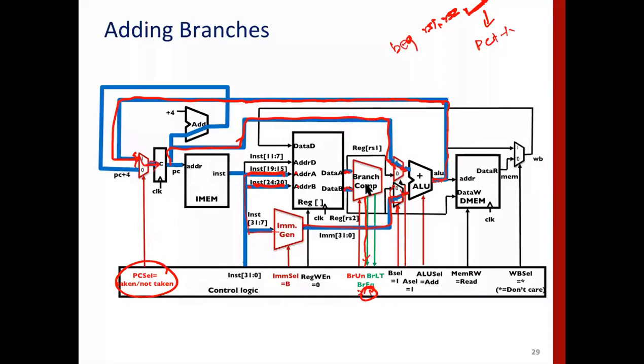So the next value of PC is equal to the earlier value of PC plus this offset. Offset is nothing but the immediate field. Is it clear? Is there any doubt in this one?